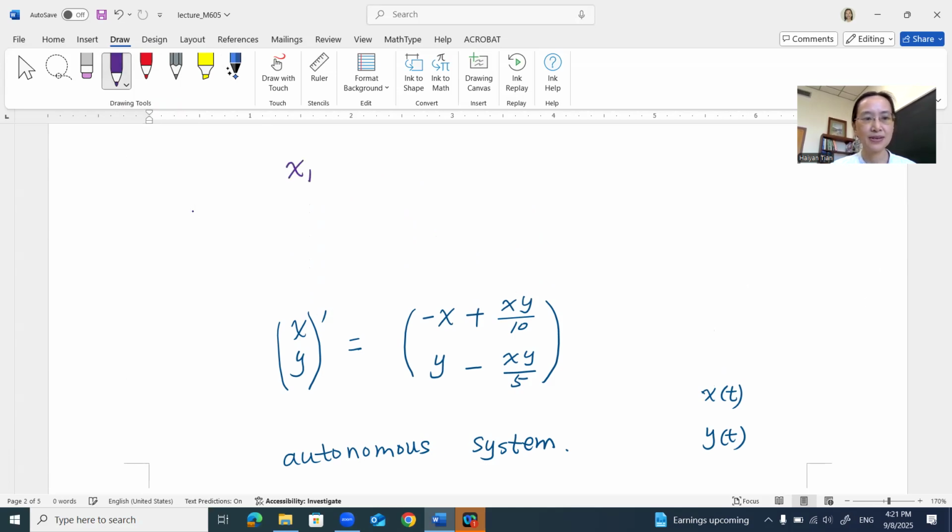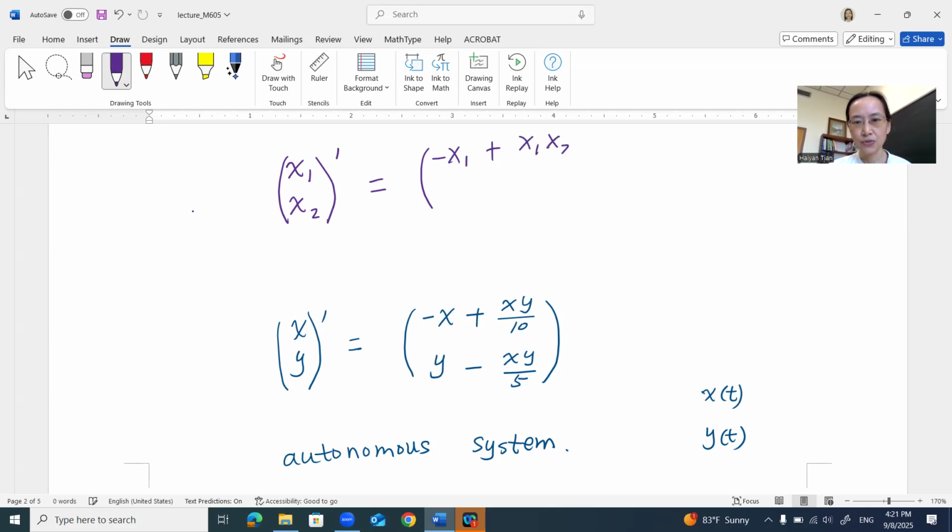So we can see the X, let's call it X1, the first unknown function. Y as X2, so we can write it into a vector valued function whose derivative is equal to negative X1.